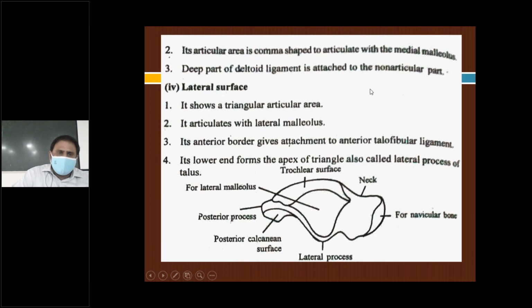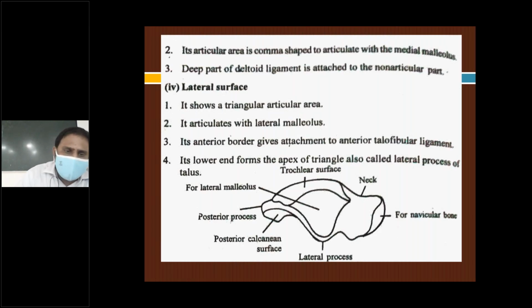Next, the lateral surface. The lateral surface is a triangular articular surface. It articulates with the lateral malleolus of the fibula, and its anterior border gives attachment to the talofibular ligament.